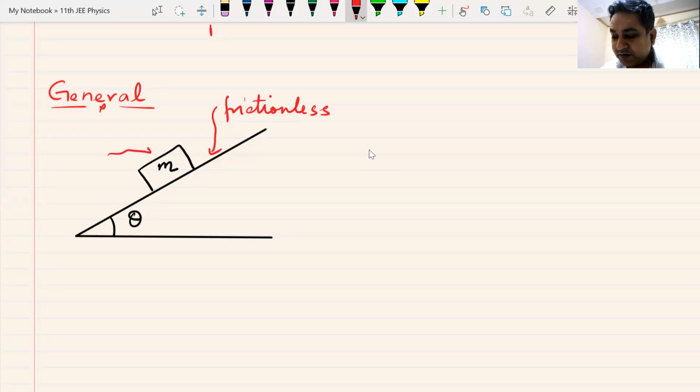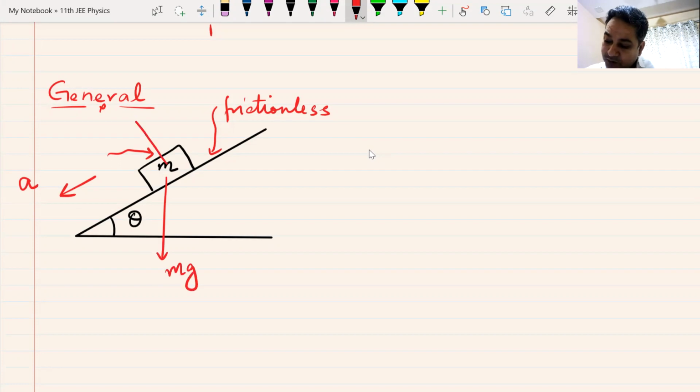You must remember the acceleration of this block. Once you solve it, what result will you get? This will be mg. Normal reaction will go like this.